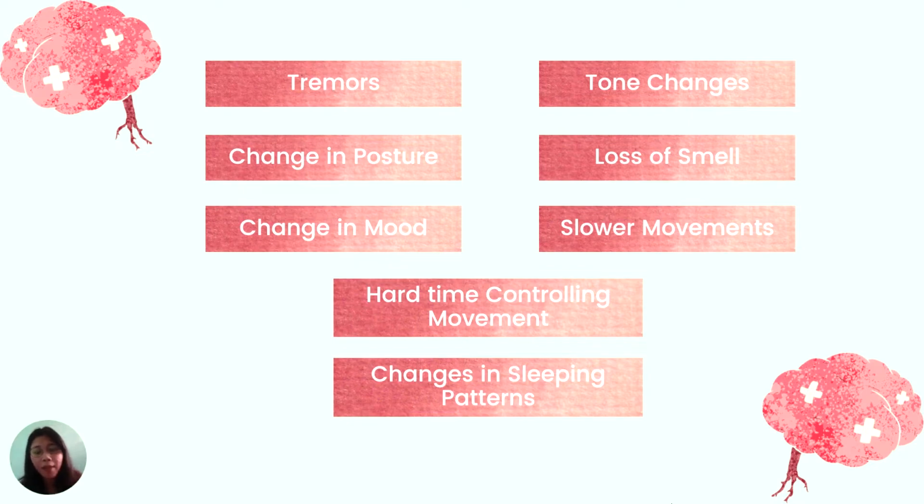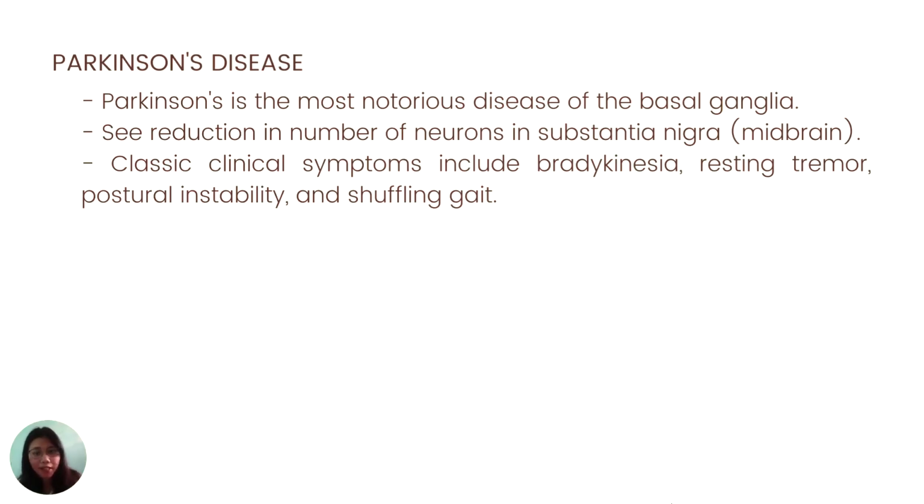So, a perfect example of that is the Parkinson's disease. So, Parkinson's is the most notorious disease of the basal ganglia. So, kapag na-damage yung substantia nigra, which is a part of the basal ganglia, which is in the midbrain, kapag nag-decrease yung number of neurons, ayun, may Parkinson's na yung tao.